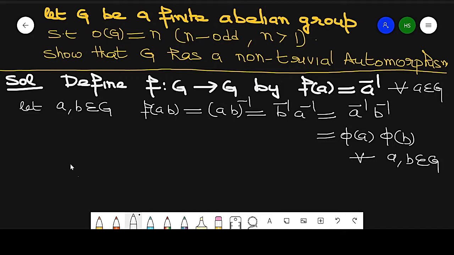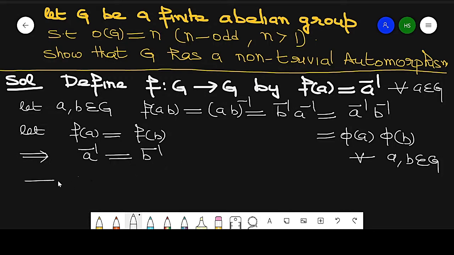For the second part, let F of a equal F of b, to prove it is one-one. It implies a inverse equals b inverse. Taking the inverse on both sides, a inverse raised to the power minus 1 equals b inverse raised to the power minus 1, so a equals b.